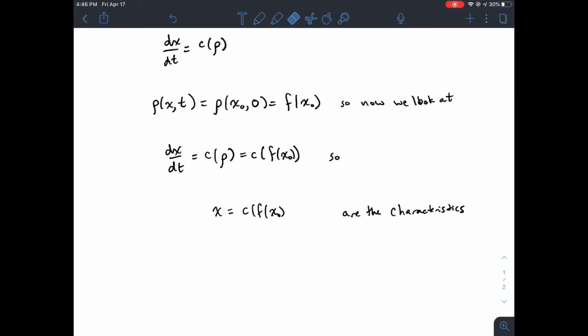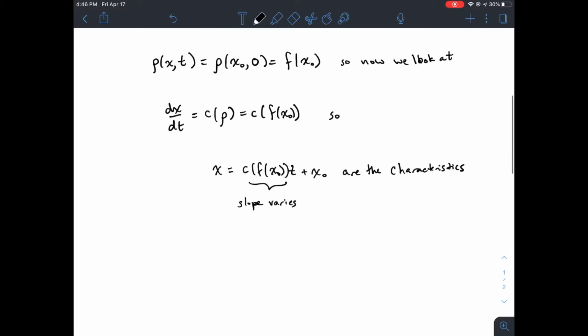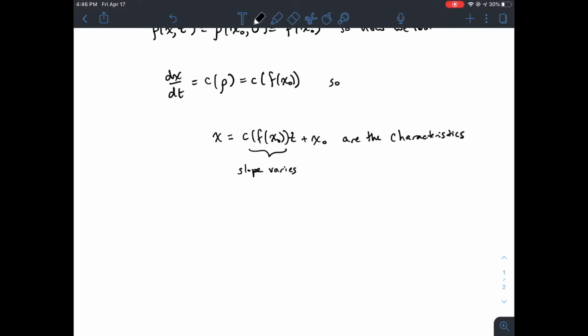And what we want to point out is that along each characteristic, the traffic density, the rho, is going to be constant. And you have to then figure out which line you're on.